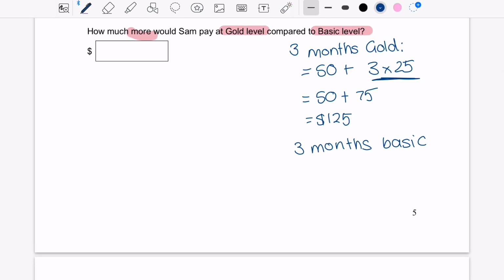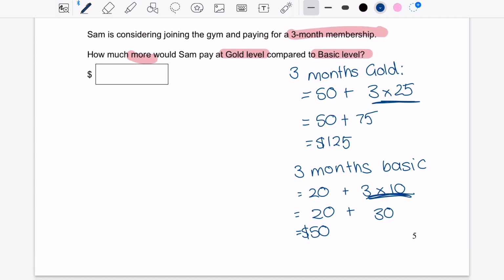So that is $20 joining fee plus 3 months of $10. Don't forget order of operations, need to do your multiplication first. 3 times 10 is 30. So that's going to be 20 plus 30. It's going to be $50. Put the dollar sign in there.